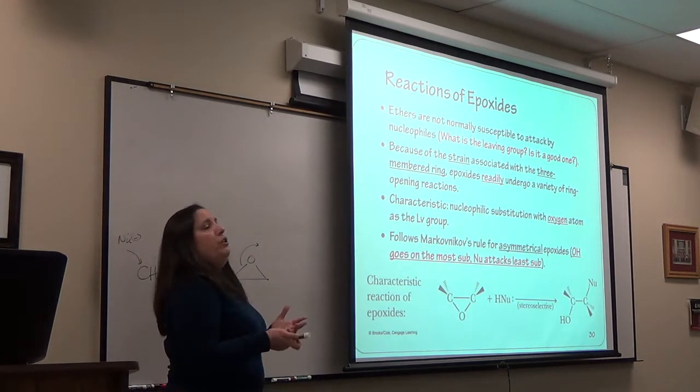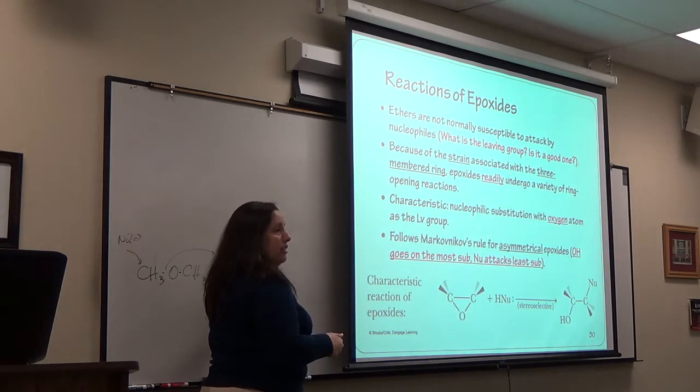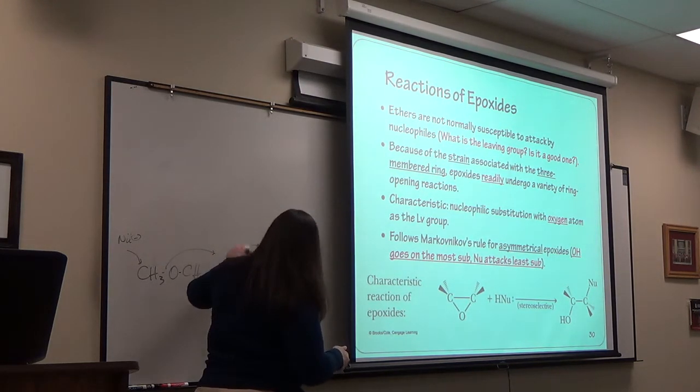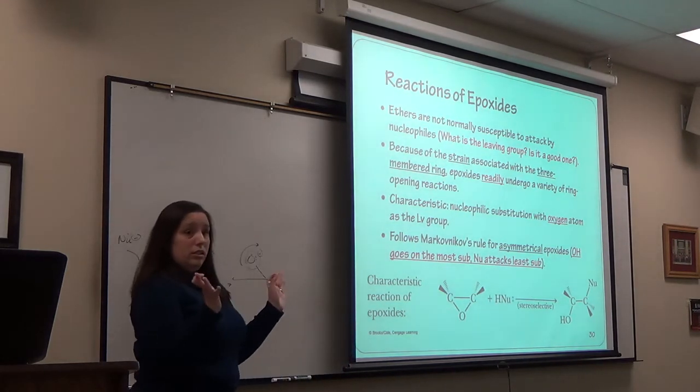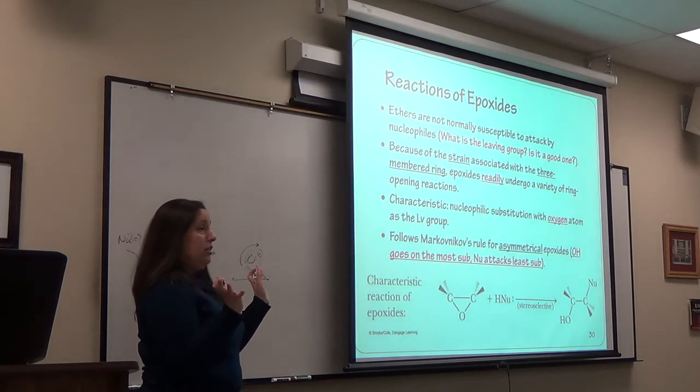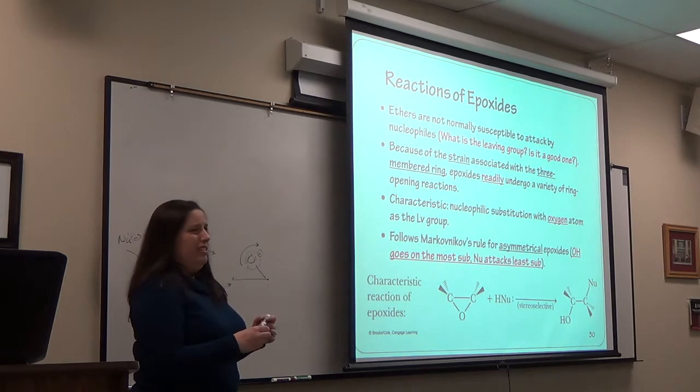So what is the leaving group in the epoxide but that oxygen? It's going to take the electrons with it. Does that make sense? So the angle strain is gone because it is now tetrahedral again, and the oxygen gets the electrons, win-win. Does that make sense?